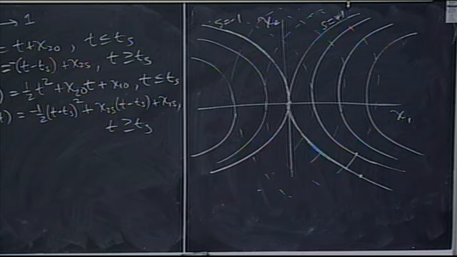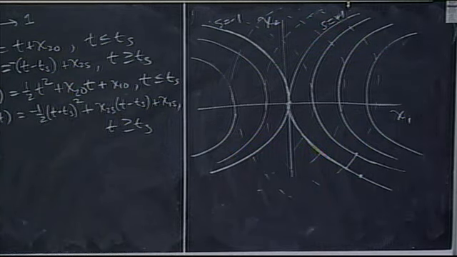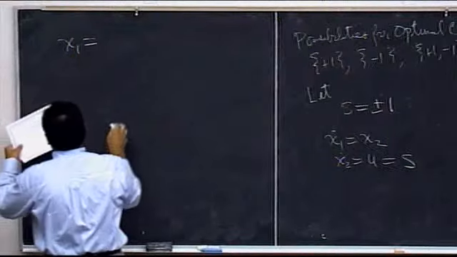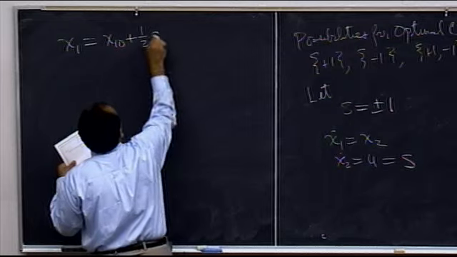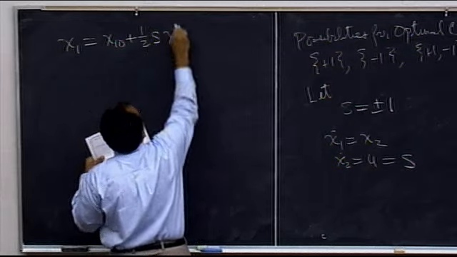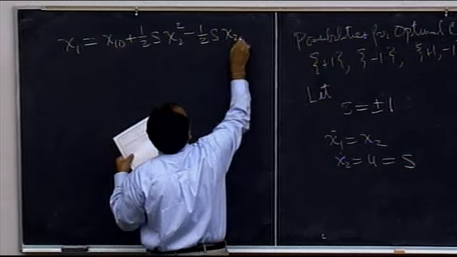The equation for these curves is: x1 is equal to x10 plus 1/2 s times x2 squared minus 1/2 s times x20 squared.